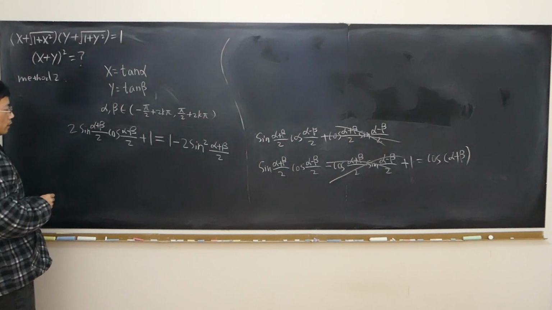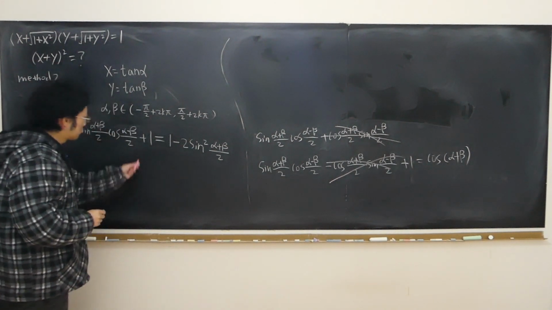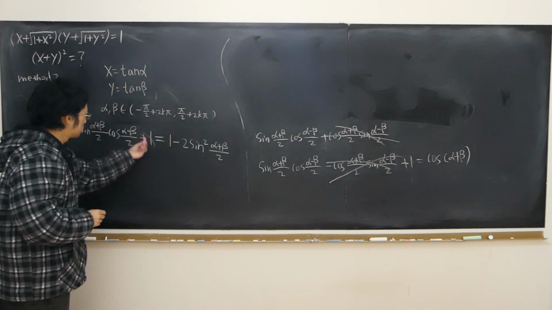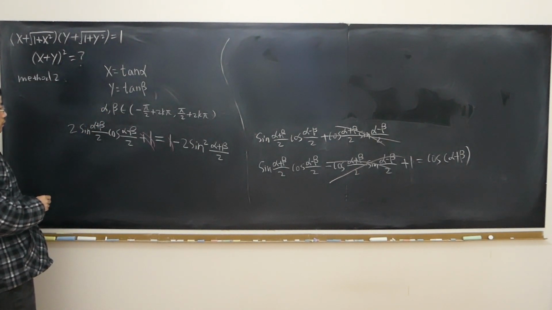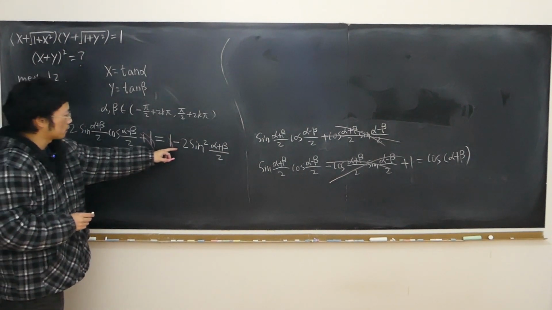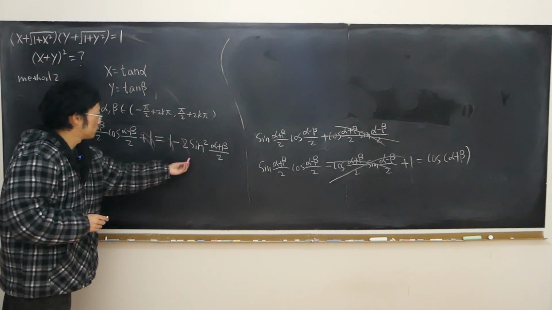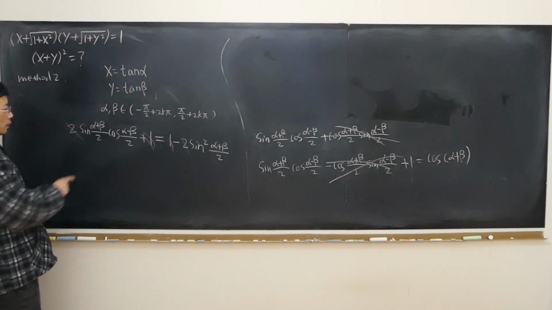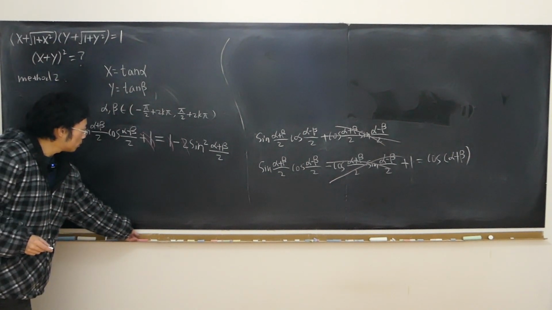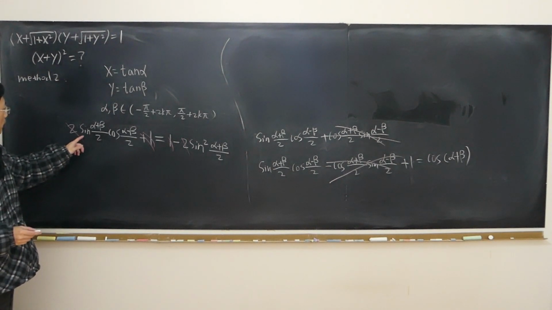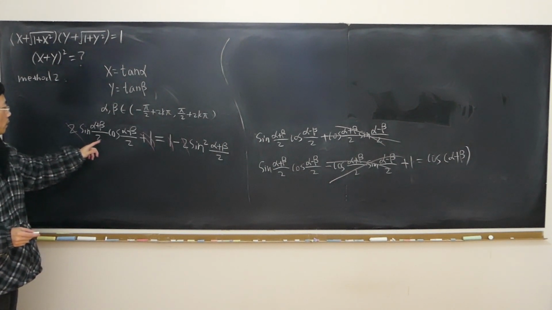So we can now simply cancel out plus 1 and plus 1, right? And we have 2 and negative 2, cancel out the 2's. Negative is still there, don't worry about that. And we almost want to cancel out the sine half of alpha plus beta.